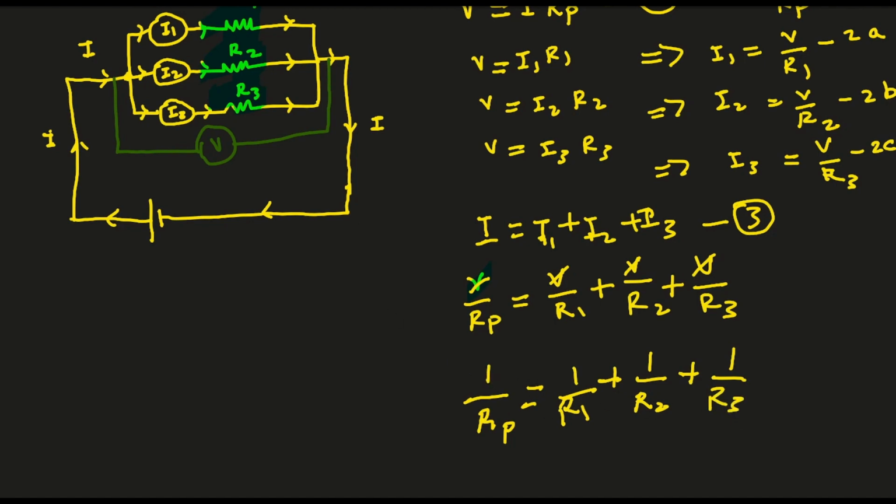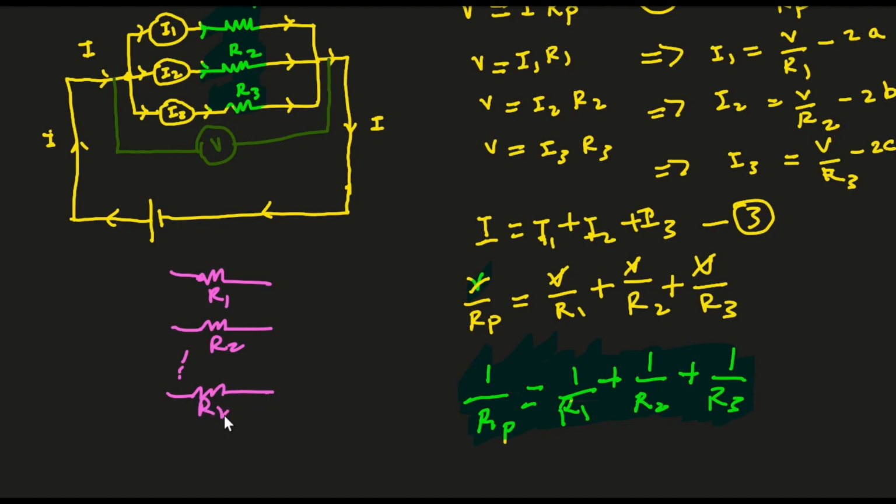Now this is nothing but the parallel combination resistance. When we want to find the parallel combination of resistors, we get 1 upon R1 plus 1 upon R2 plus 1 upon R3 as 1 upon Rp. If you want to generalize this for n number of resistors, say I have the first resistor R1, then R2, and so on up to Rn, that is n number of resistors.